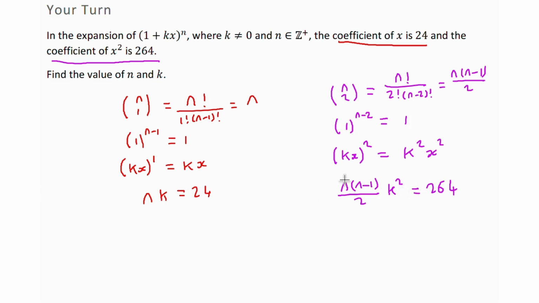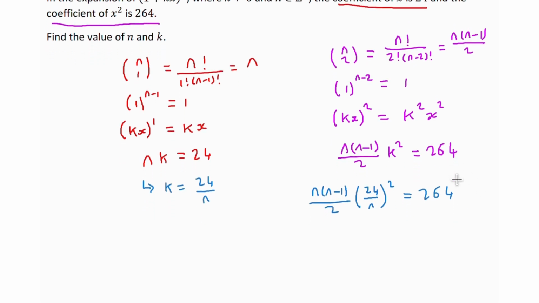Once I have my 2 equations, I can solve them simultaneously. I'm going to do this by rewriting this as k equals 24 over n, and substituting that into here to get n(n minus 1) over 2 times (24 over n) squared is equal to 264.